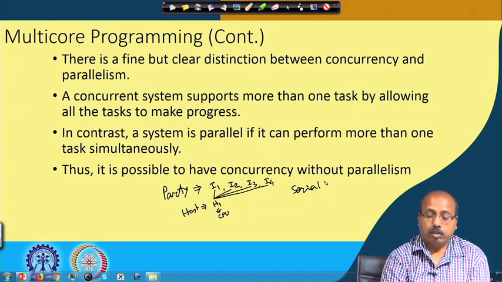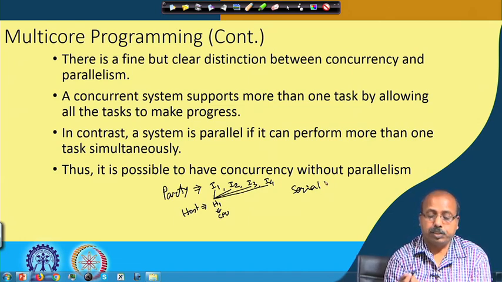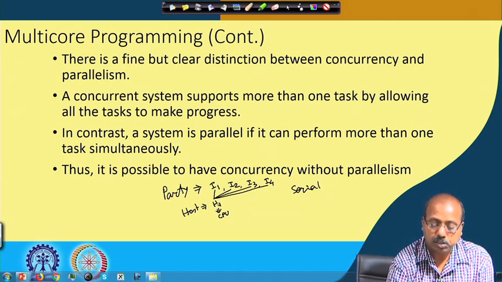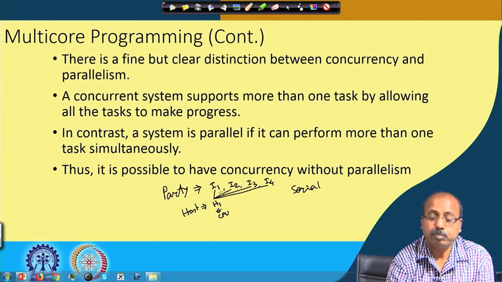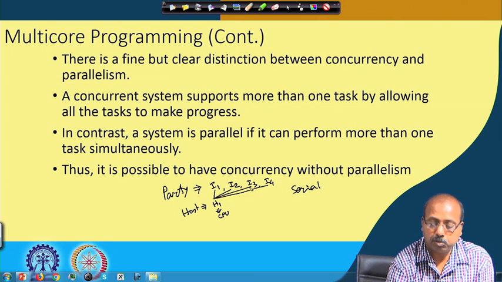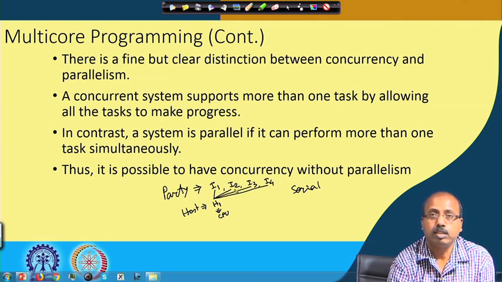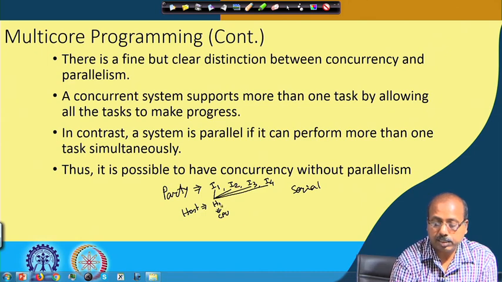Now, suppose we think about a different situation in which the host talks to I1 for some time and then goes to I2, then after some time goes to I3, then after some time I4, and then again goes to I1, then to I2. So, the host has not finished the full conversation with I1 before going to I2, only part of it is done.